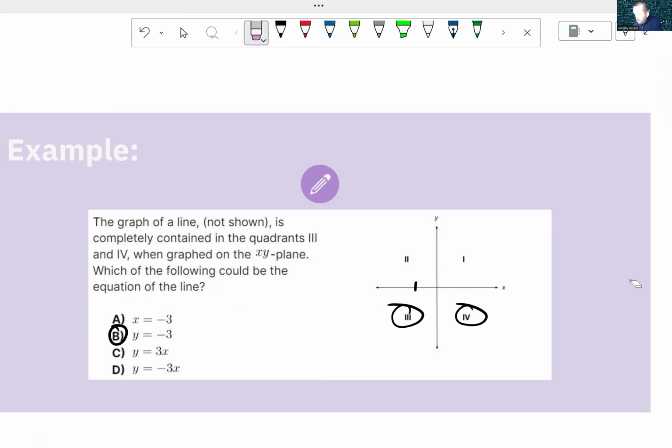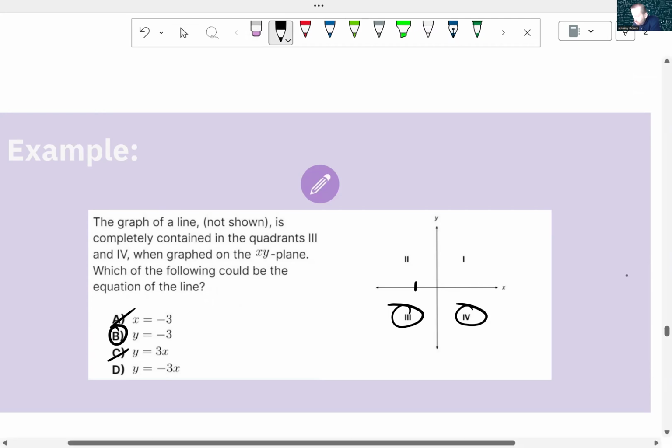If we did 3x, that's going to be going through 0, 0. It's going to go up 3 over 1, up 3 over 1. And I'm just estimating what it would look like. It's also going to go down 3, back 1, down 3, back 1. So that one would go through 1 and 3, so it can't be C. And then -3x is going to be the other way around.